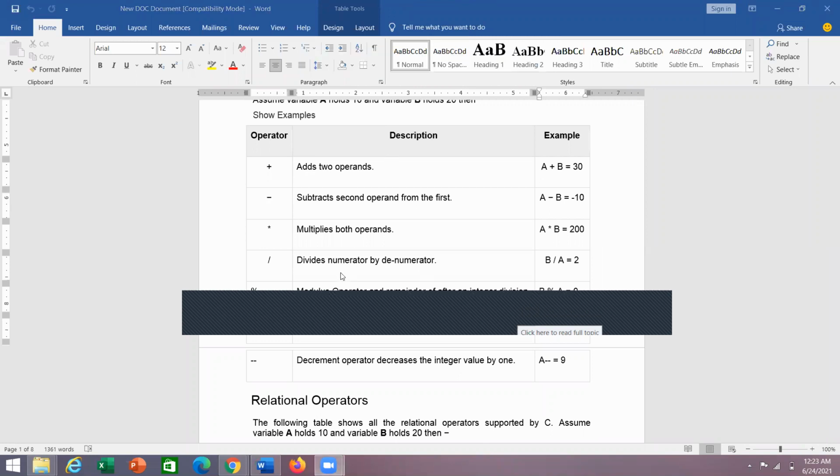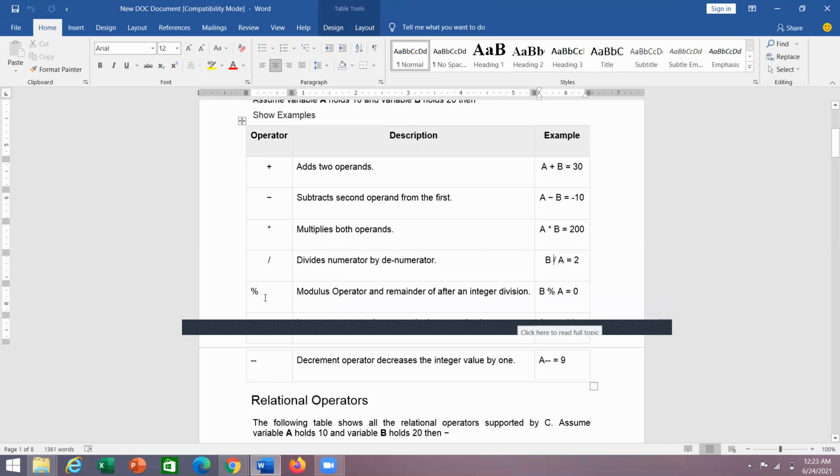Here we have another operator, the modulus operator. We already know this is the percent symbol. This is used as the modulus operator, giving the remainder after an integer division.